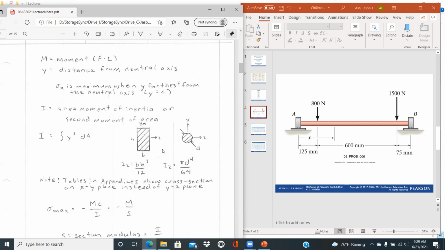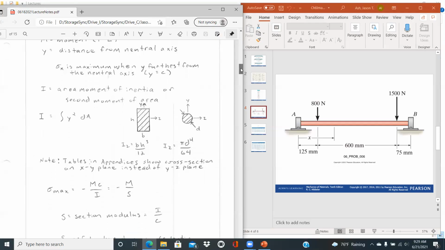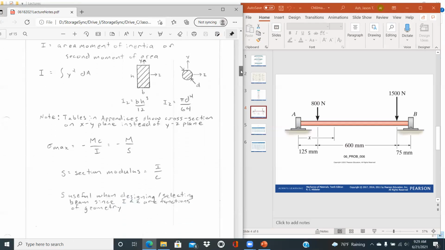And I don't think it causes confusion then keeping track of just which one you're defining there. And so I did make that special note that the tables in the appendices show those on the XY plane instead of the YZ plane. And it's just that they're reorienting things. But I think that has caused confusion in the past.